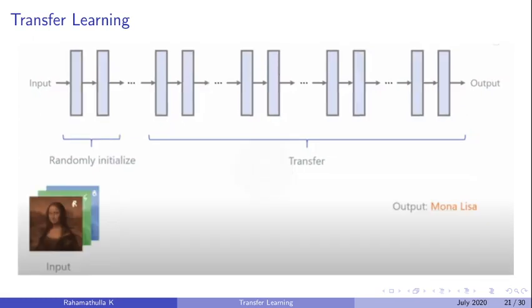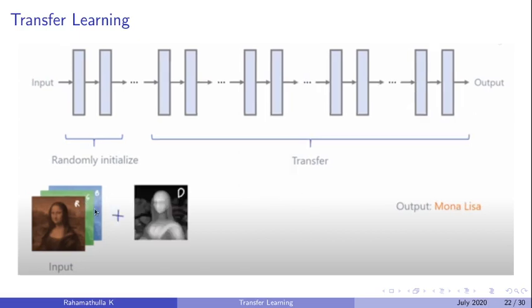For example, let's say you have an image classification application with three channels, RGB, and you would like to classify four channel images. You would like to add a depth channel also.